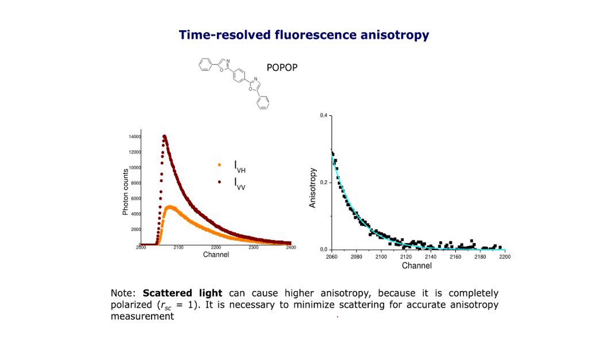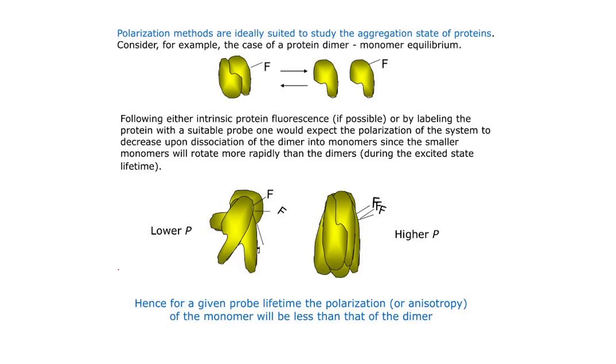When there is a lot of scattering, you do not get accurate results. The lower the scattering, the more accurate your anisotropy measurement will be, so you have to reduce the scattering to get better anisotropy results.